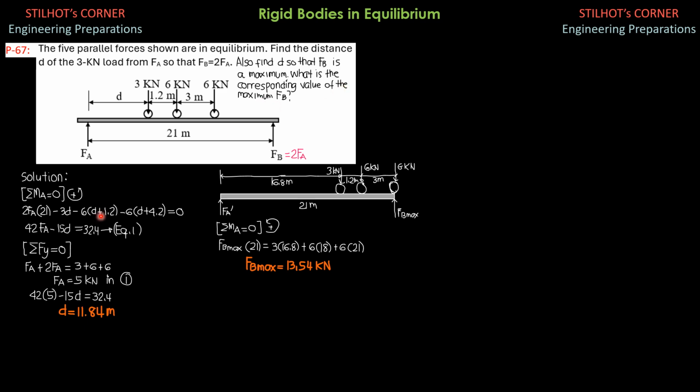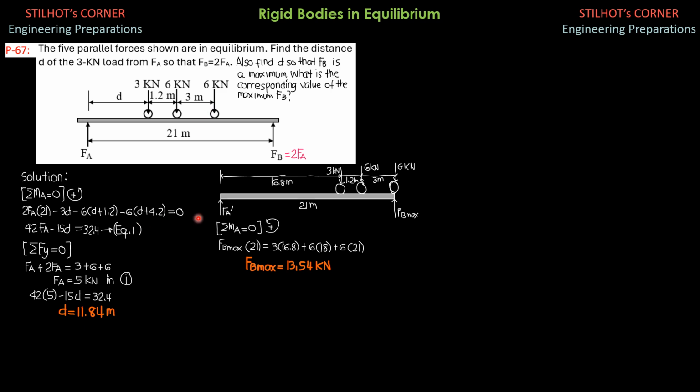So for the first part, since FB is 2 times FA as given here, we simply apply summation of moments about A equals 0 to solve for FA. So counterclockwise positive. So we have 2FA, moment arm 21, then minus 3 times D, minus 6 times quantity D plus 1.2, then minus 6 times quantity D plus 4.2, 1.2 plus 3 is 4.2, equals 0.